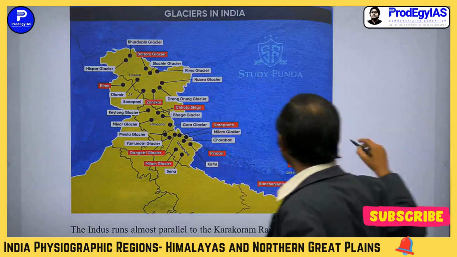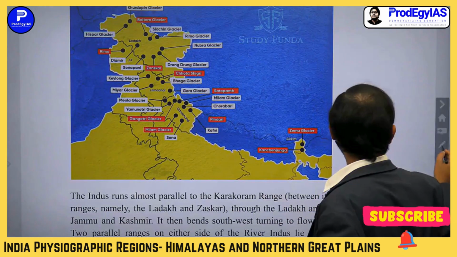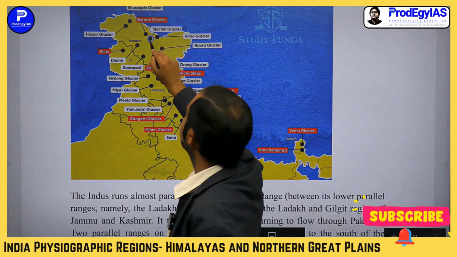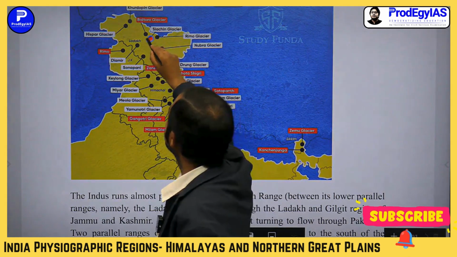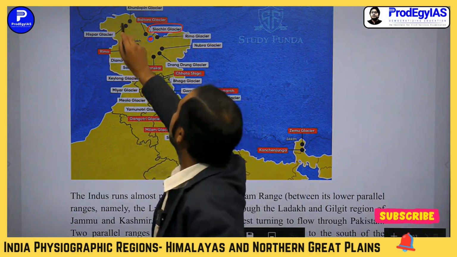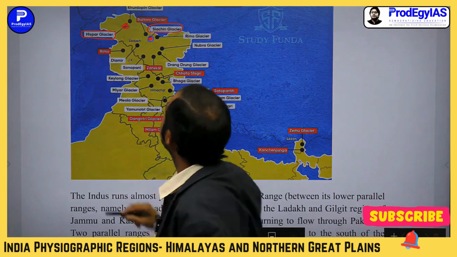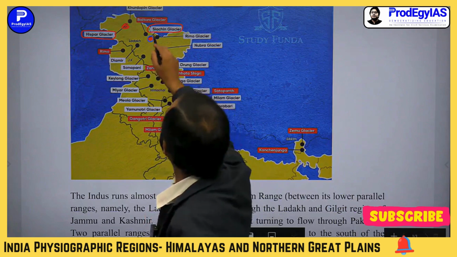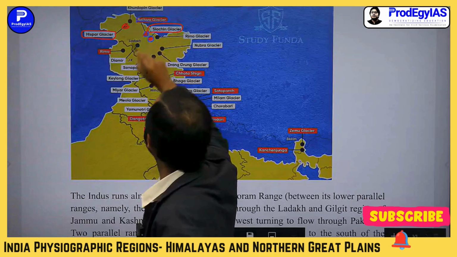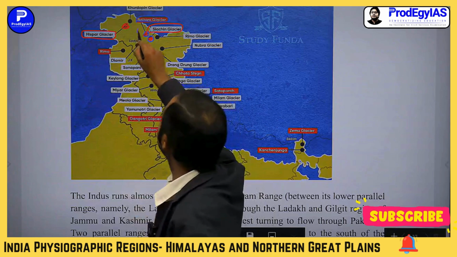In this particular map, you can see important glaciers of India, like this Siachen Glacier, the world's highest glacier. Hisper, important glacier. Siachen, Hisper, and one more glacier is Biafo.